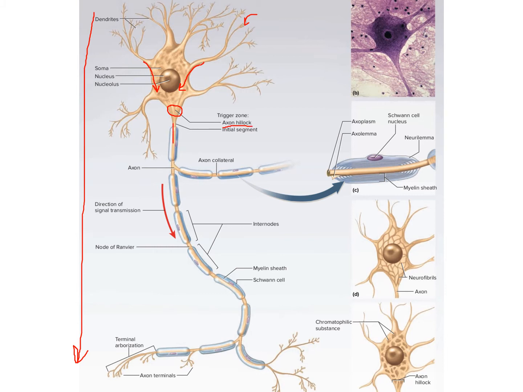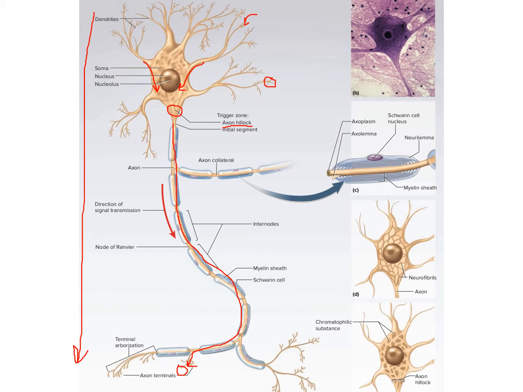Then it will travel down the axon. The information travels in one direction, where it will reach the axon terminals. Then the axon terminals are going to communicate with dendrites of the next neuron, and so forth. This is how the transmission happens.